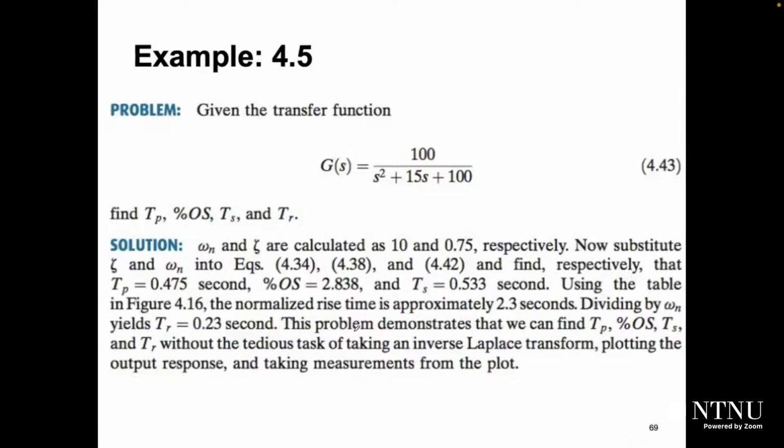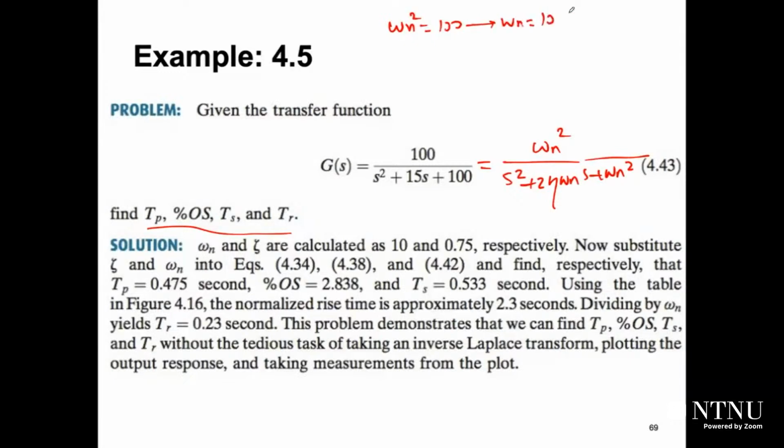We need to find peak time, percentage overshoot, settling time, and rise time. First step, if you need to solve for those, we need to get first zeta and omega n. So this one is equal to omega n squared divided by s squared plus 2 zeta omega n s plus omega n squared, just by matching coefficients. So omega n squared equals 100, which means omega n equals 10 radians per second.